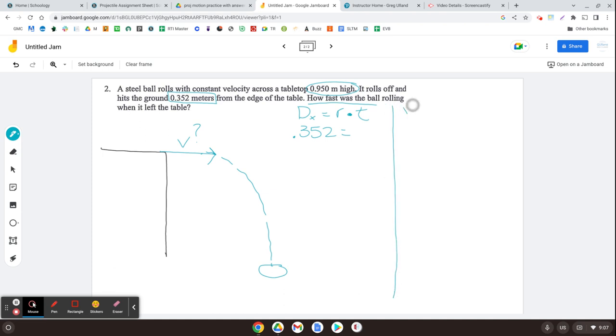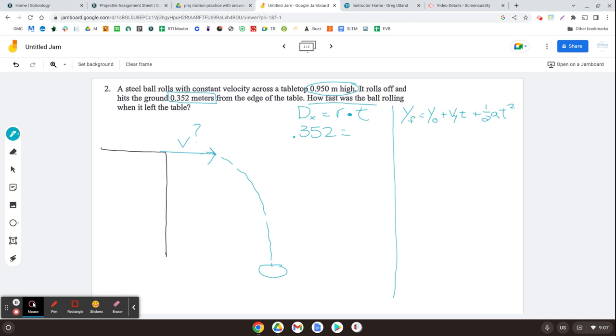Well, the y position is equal to the initial position where we begin, plus the velocity in the y direction times time, plus half of the acceleration times time squared. This is just one of those equations you're going to want to put to knowledge.